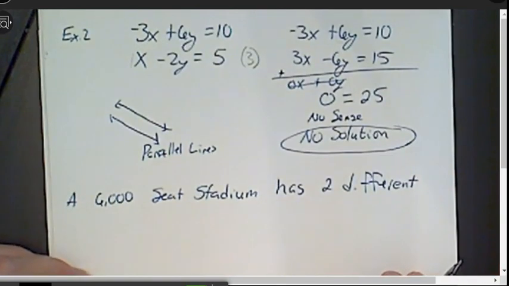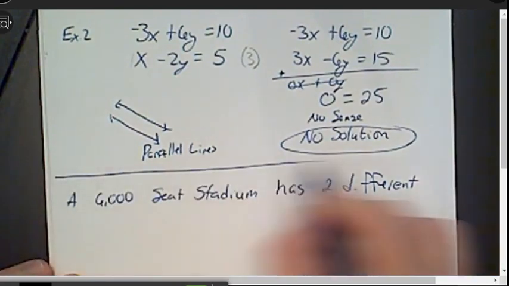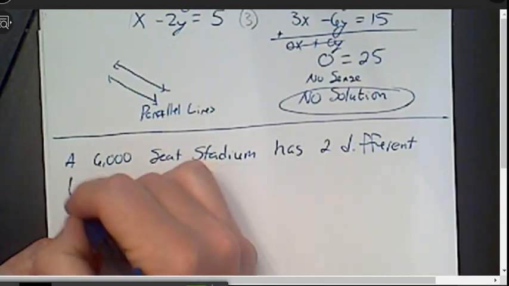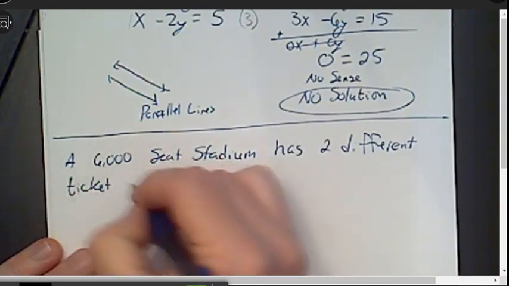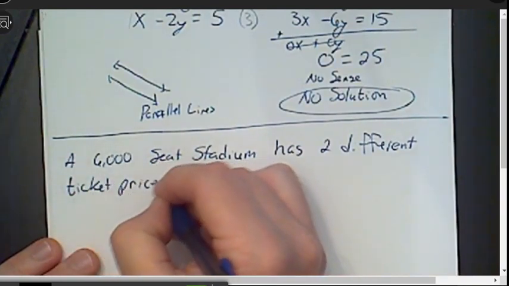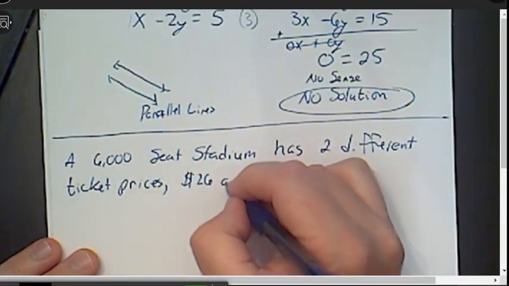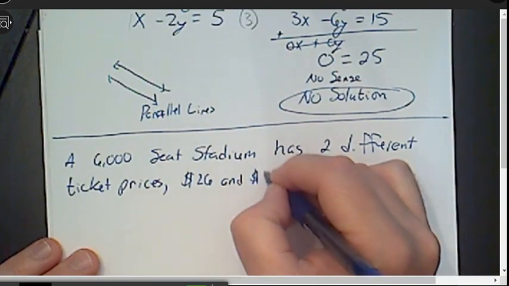A 6,000 seat stadium has two different ticket prices. One's $26 and the other one is $40.